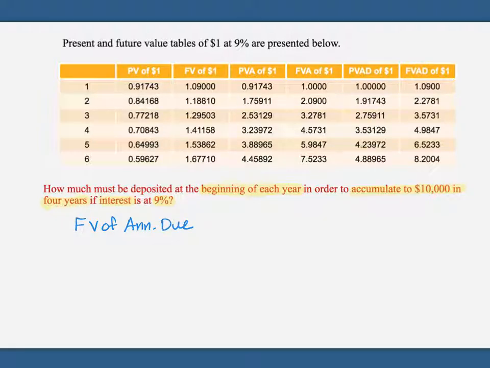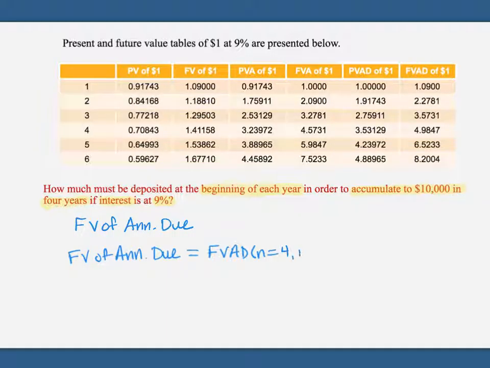So the formula to solve for this starts with the future value of annuity due total, which is the $10,000. And that's going to be equal to our future value of an annuity due factor. So we need to know our period for that, and it tells us in the problem 4 years.